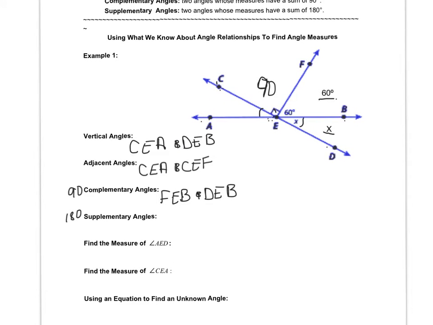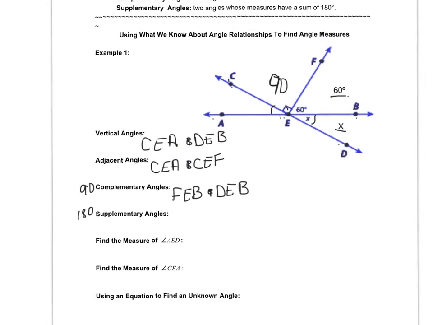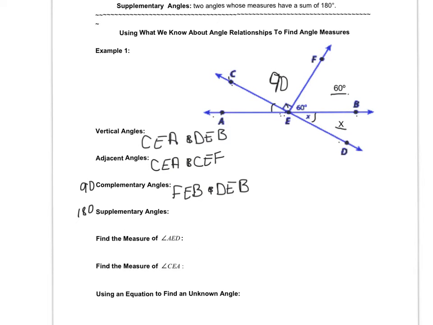We also have supplementary angles, which, as we discussed, have a sum of 180 degrees. So with a sum of 180 degrees, we're looking for two angles that can combine to make a straight line. So angle AEB is a straight line. So I'm going to look for two angles.